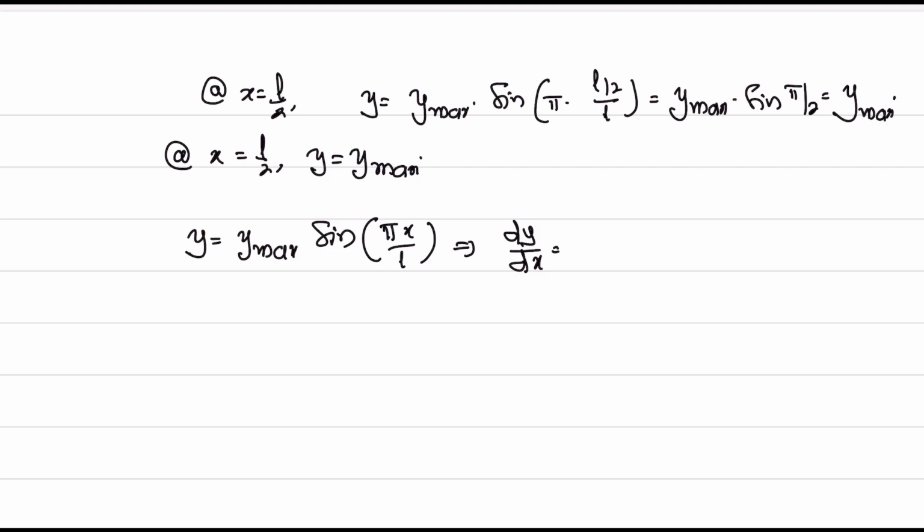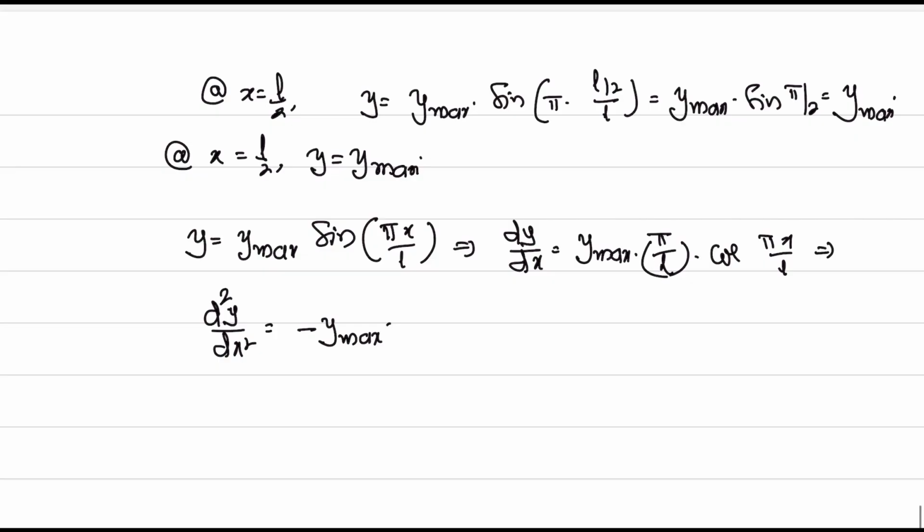If you have studied differentiation in your secondary or higher secondary school, you will understand that dy by dx is equal to y max into pi by L into cos pi x by L. That implies d square y by dx square is equal to minus y max into pi by L into pi by L, that is (pi by L) whole square, into sin pi x by L. That is y max into sin pi x by L, which is nothing but y.